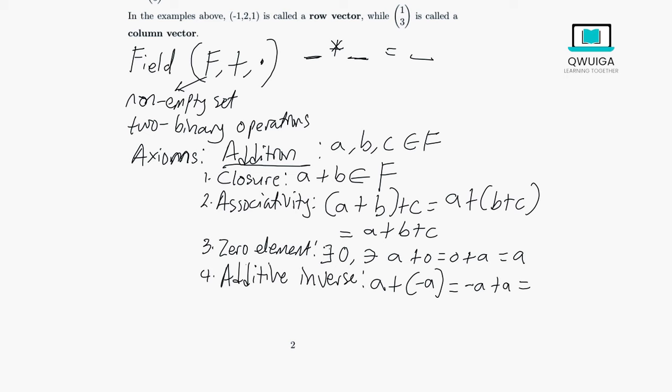So every element must have its own additive inverse. And finally, I have commutativity. Commutativity says if you take any two elements, a plus b should give you the same result as b plus a. So the order in which you arrange them is unimportant.